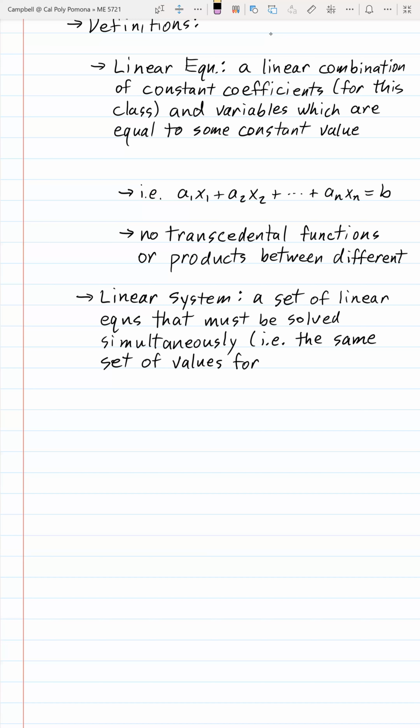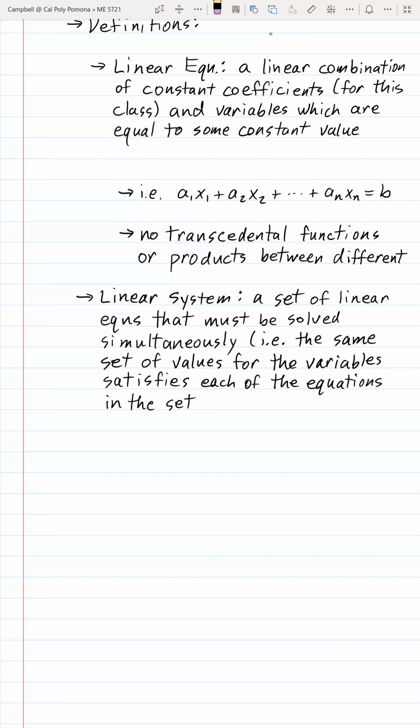So the same set of values for the variables satisfies each of the equations in the set of linear equations.